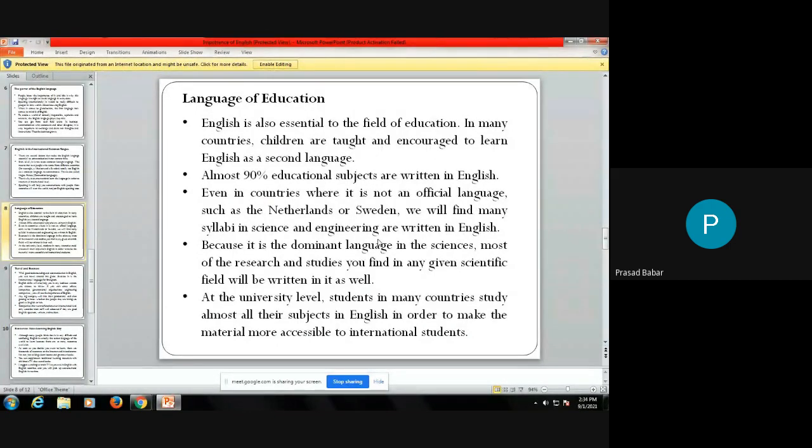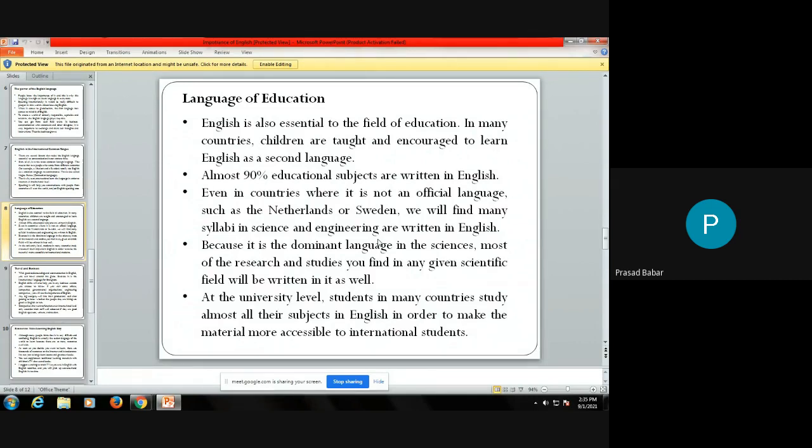Most of the research and studies you find in any given scientific method will be written in it as well. So it is the dominant language in science and technology. English is dominating in the science field and also in the arts field. So it is very important to have knowledge of the English language.